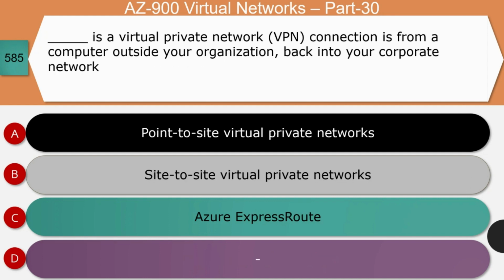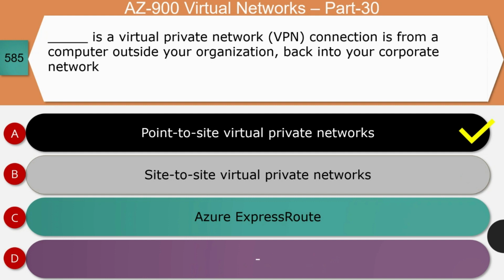Next question: Dash is a virtual private network connection from a computer outside your organization back into your corporate network. Is it point to site virtual private network, or site to site virtual private network, or Azure ExpressRoute? The right answer for this question is point to site virtual private network. Let's see the reason.